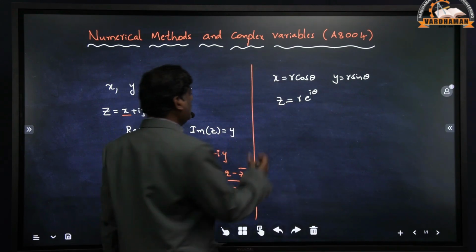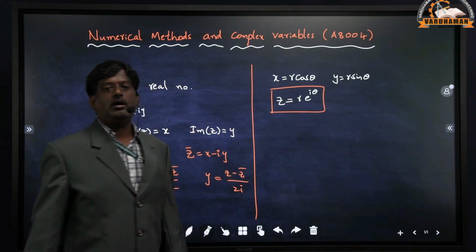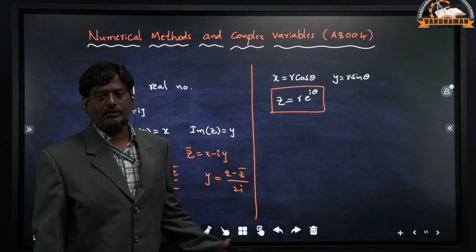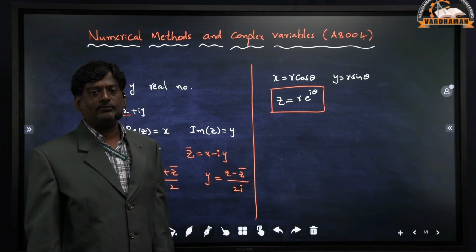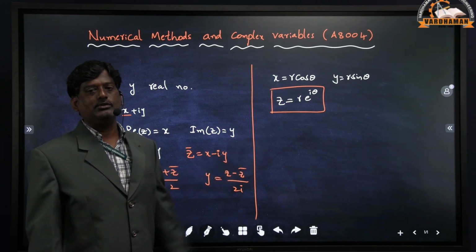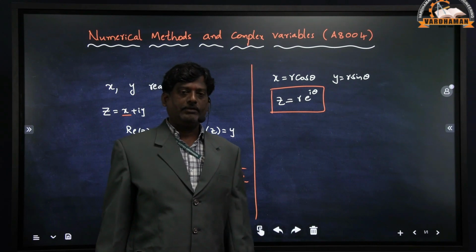This is the polar form of the complex number, z is equal to r e power i theta. If you need to write a complex variable in polar form, we can use this form, z is equal to r into e power i theta.